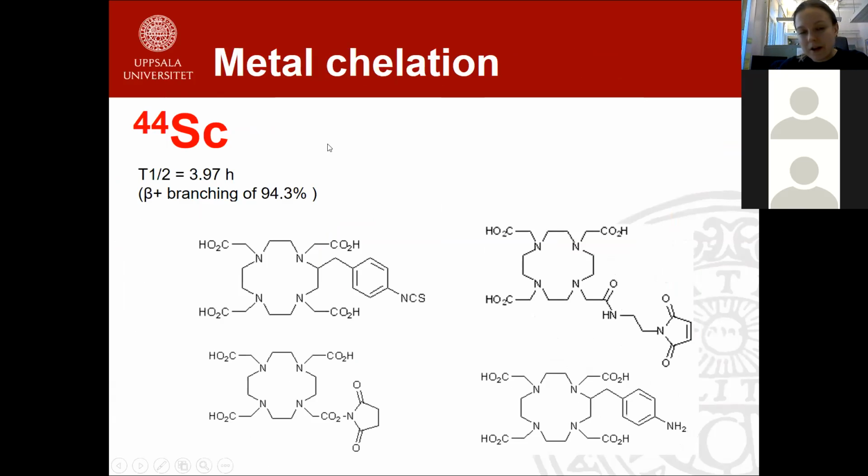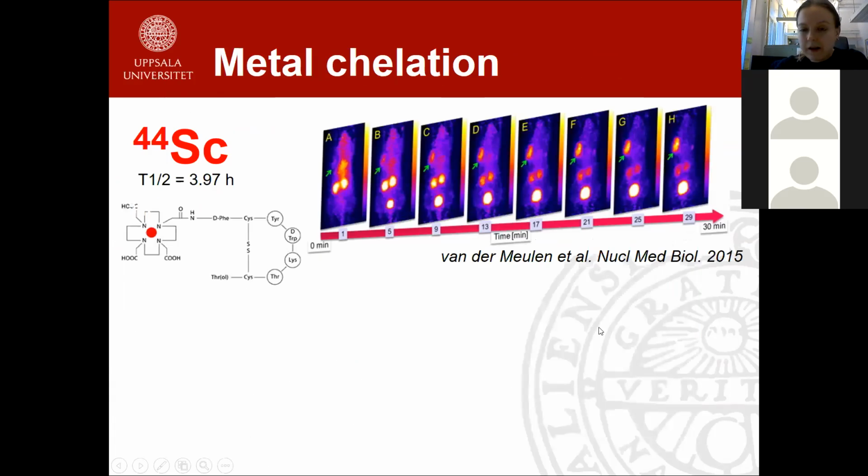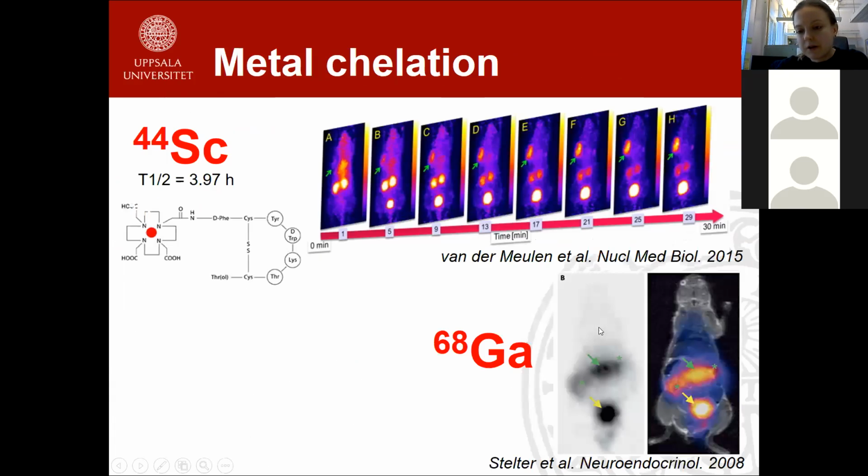Scandium-44 is a very rare nuclide, so I don't want to spend too much on it, just so you know that it can also be chelated by the common chelators. And there have been some studies that showed the potential of using scandium-44 for imaging, but scandium is rare. It's only available in 2 places in the world. It's not so widely used.